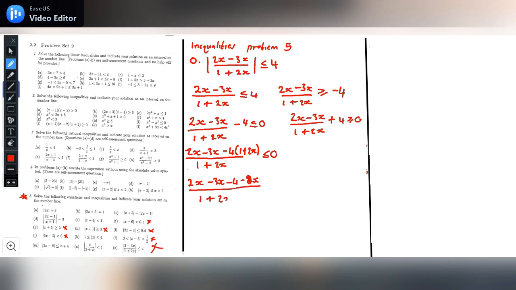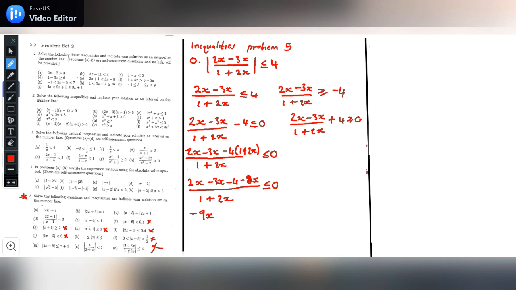I'm not going to explain this one because, guys, you know what you're supposed to do. 2x minus 3x is negative. Oh, there is negative 8x here. So BODMAS, so don't make a mistake. You can use BODMAS. It's going to give us negative 9x, right?